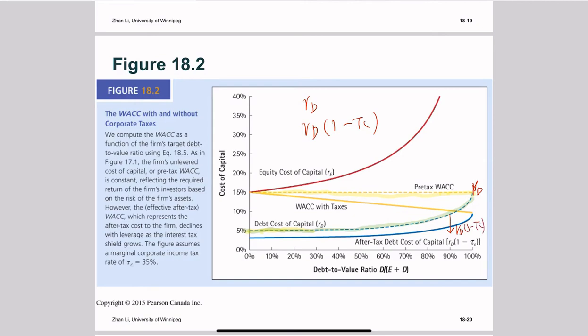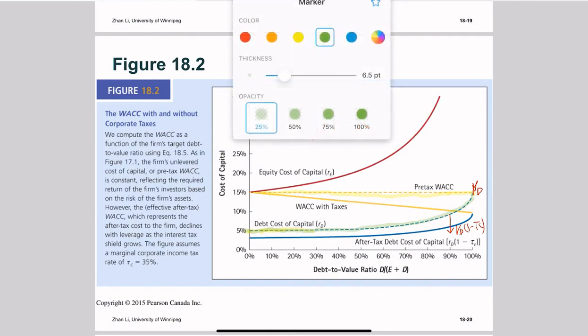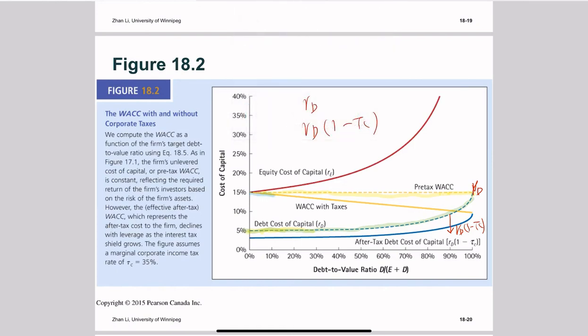So this is the saving on your cost of capital because of debt, right? And you can see that the WACC with debt becomes lower and lower as you increase the amount of debt, right? So this basically says the firm's capital becomes cheaper as you increase debt.